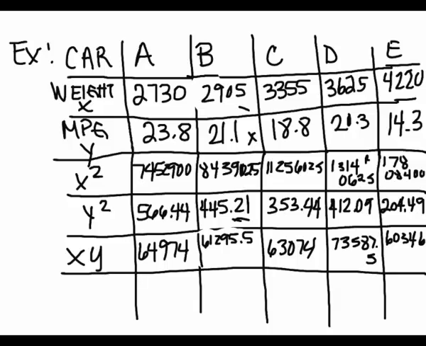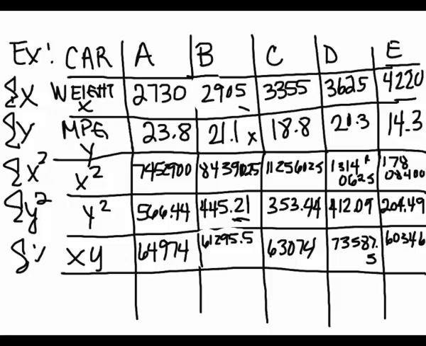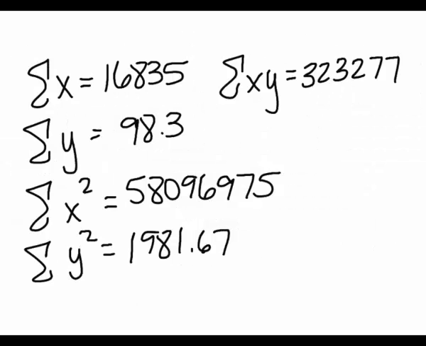Once you do that, you're going to find the sum of each column. So I'm going to find the sum of x, the sum of y, the sum of x squared, the sum of y squared, and the sum of xy. So go ahead and add those up for me and let's compare answers. Okay, so when I added them up, this is what I got.